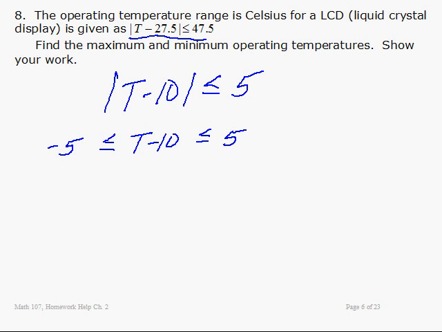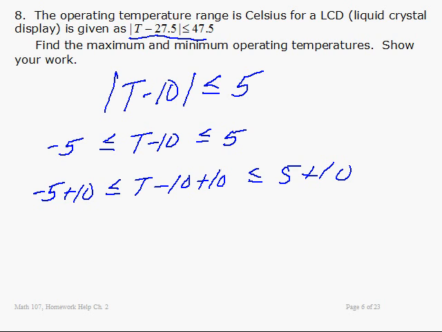If I have a 3-part inequality like that, I can add to each term as long as I do it to each term. So I've got minus 5 plus 10, minus 10 plus 10, so I added 10 to all 3 sides. So this becomes 5 is less than or equal to t, which is less than or equal to 15. Now I have the range for t.